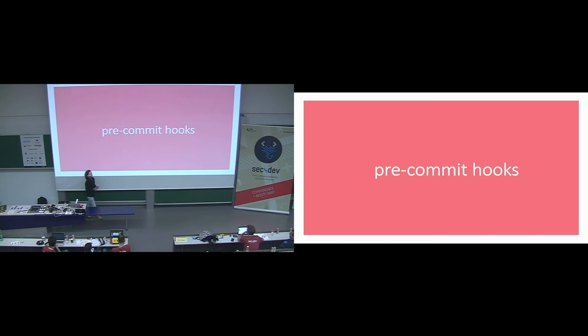What can you do without those services? What can you do immediately? Use pre-commit hooks. I'll show you an example right now on the screenshot. We have made good experiences, for example, with git-secrets. You install that, and a pre-commit hook is created on your host. The disadvantage is that everybody has to install that on their own machine.